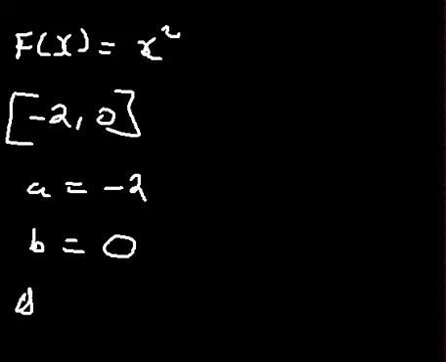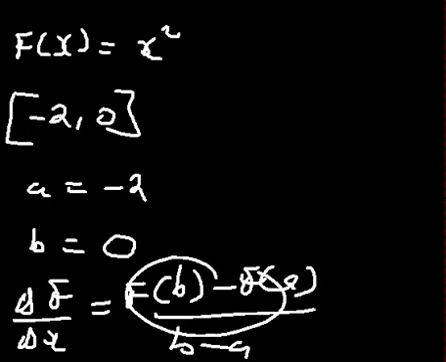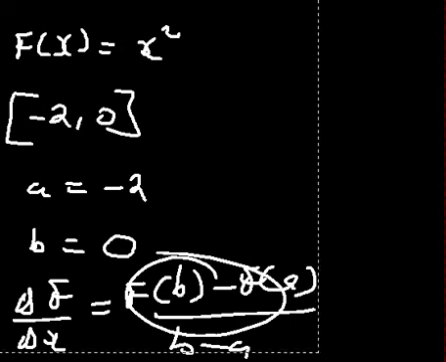And the formula for the average rate of change is delta f divided by delta x, which is equal to f of b minus f of a divided by b minus a. So try to work that on your own, and also see how you should go over this one.